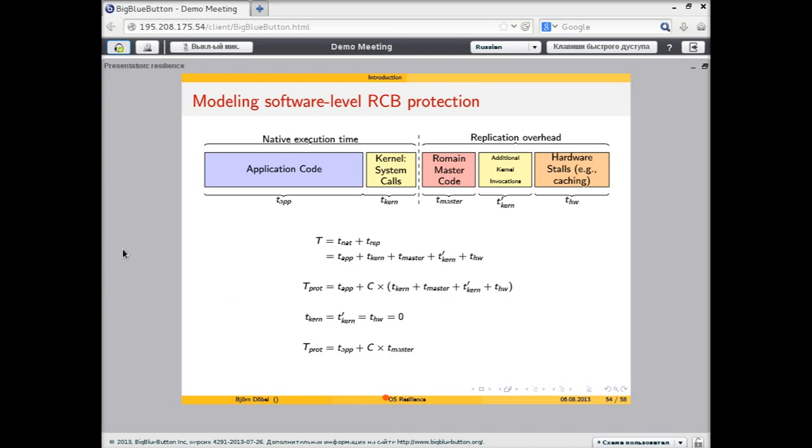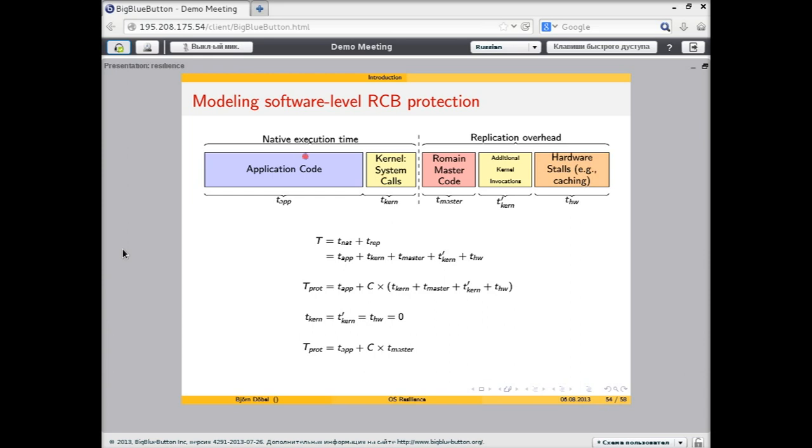So we start our experiment with the native execution time of an application. And this native execution time consists of two parts. One is the time the application spends executing application code. The second part is the time the application spends executing kernel code. If we now replicate this application, we still have this native execution time because this is what all the replicas need to do anyway.